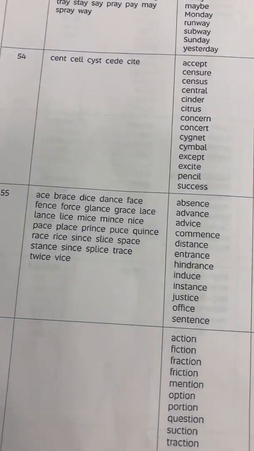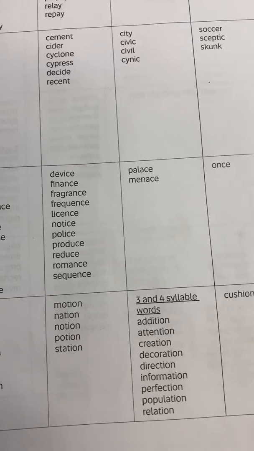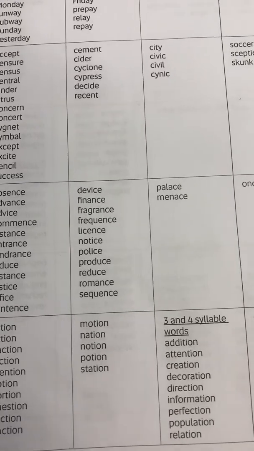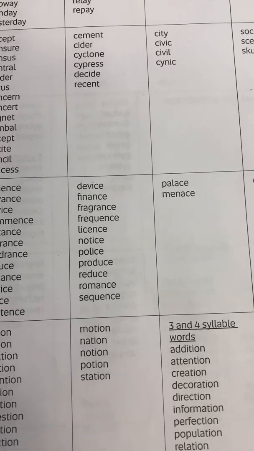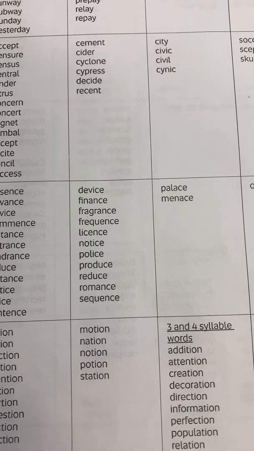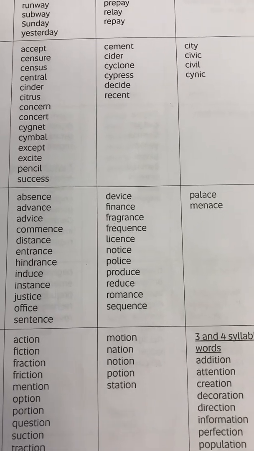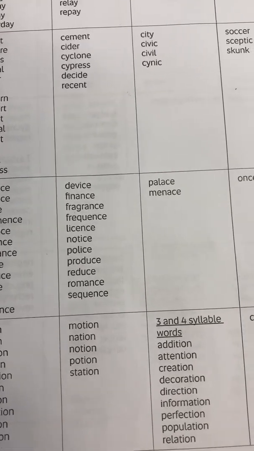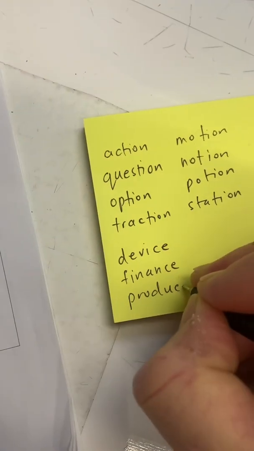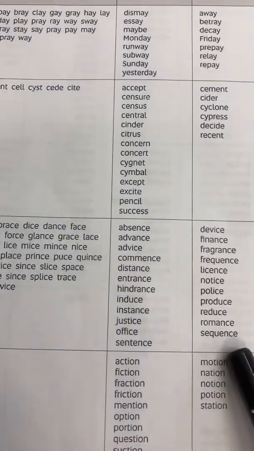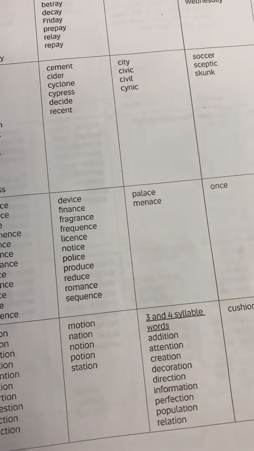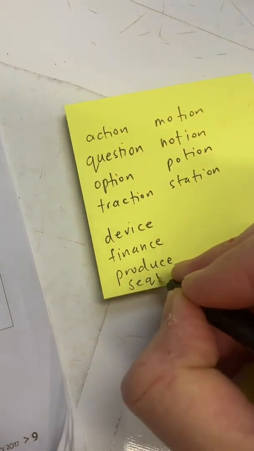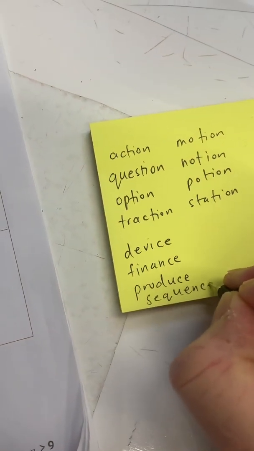Let's go for device. Let's do finance. Let's do produce. And let's pick off that list there. Let's do sequence again to give some QU practice.